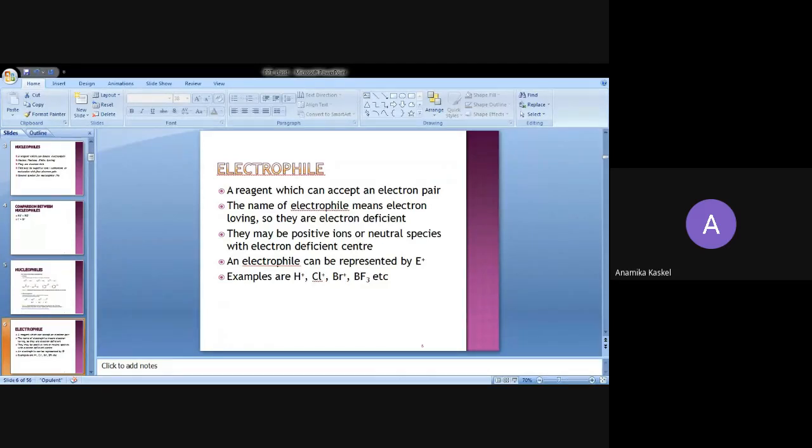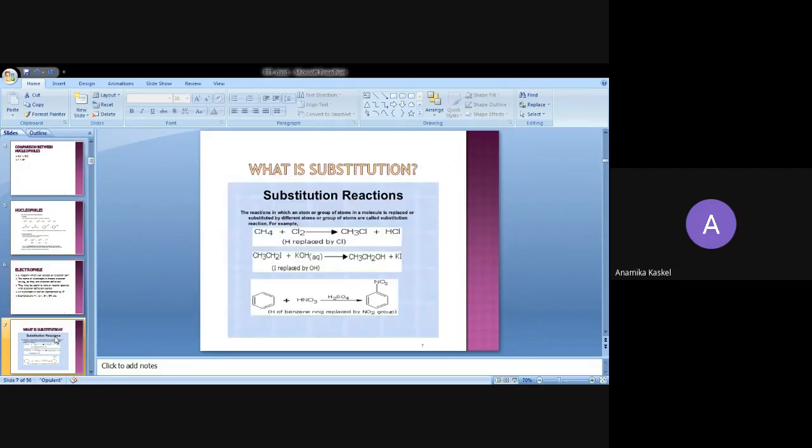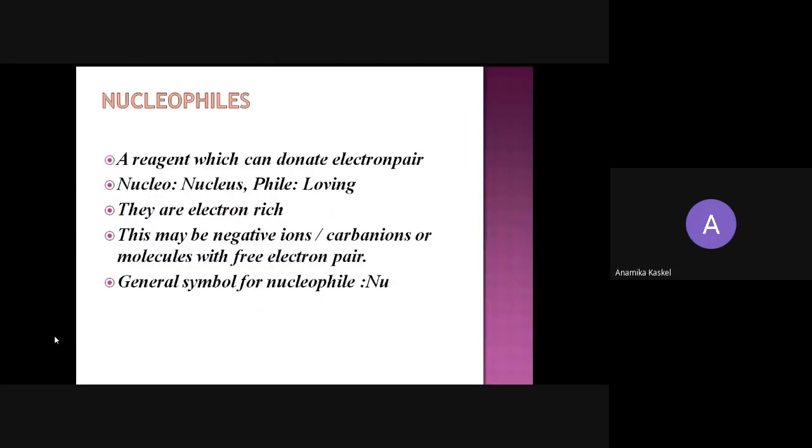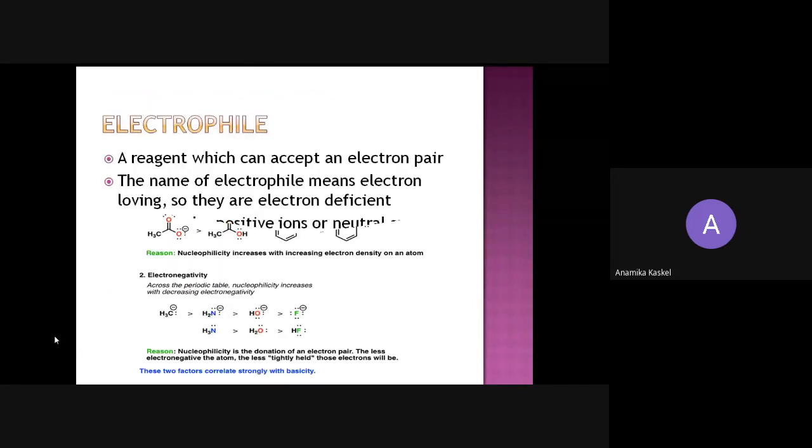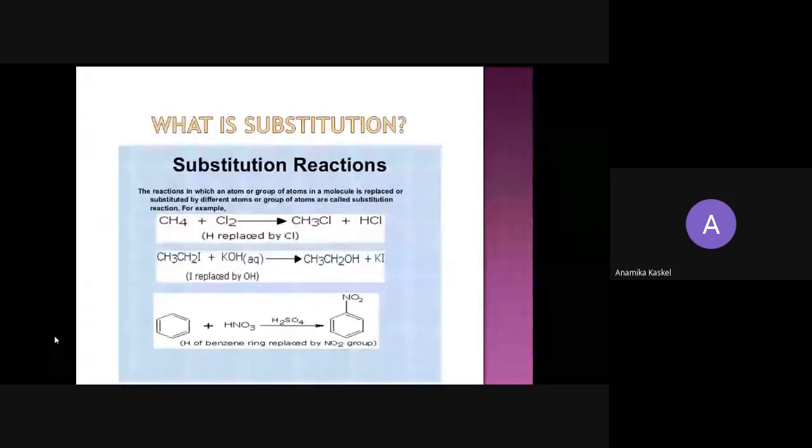Now I'm going through another example. What is substitution? Here we take different kinds of examples.